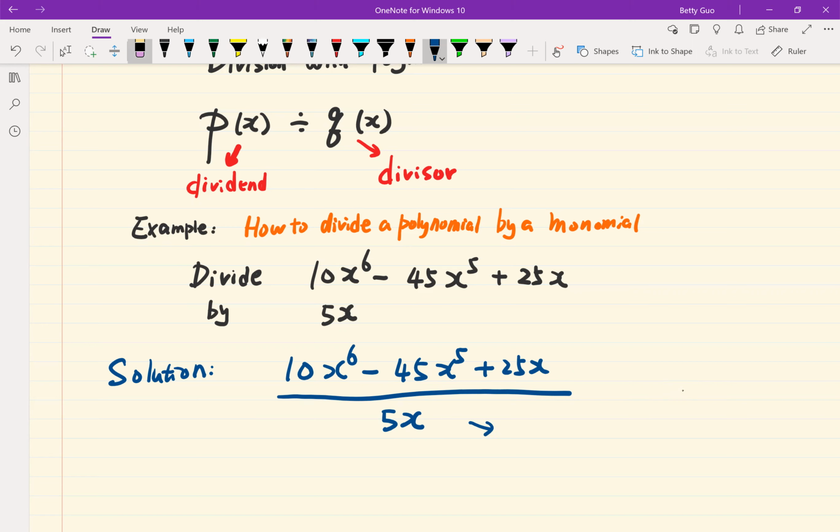The denominator, the polynomial in the bottom, that's the divisor. The polynomial in the top, that's the dividend. Very good. So in this problem, we're going to see how do we process a division of polynomials when the divisor is a monomial.